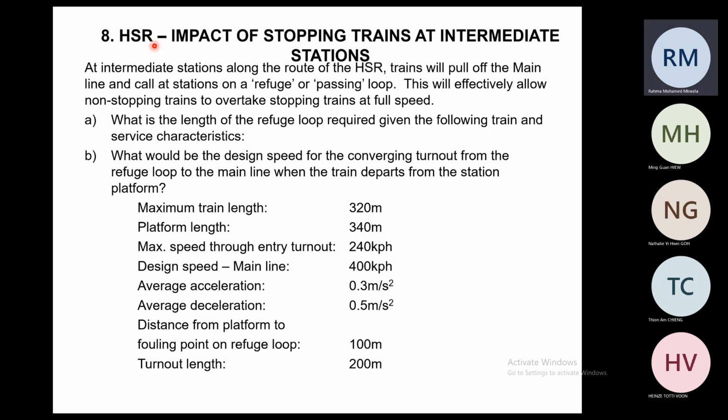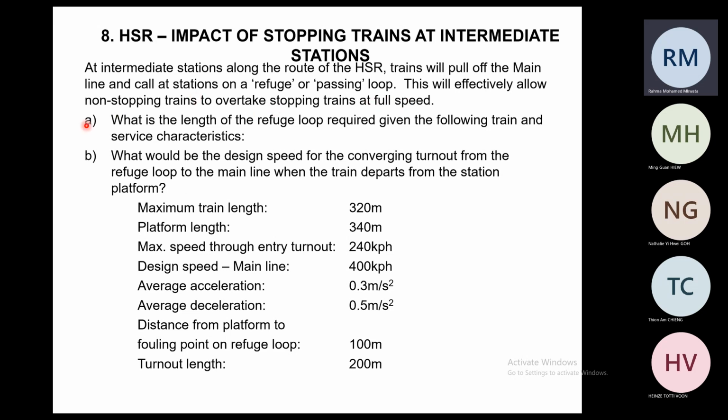So question 8 is on high-speed rail, HSR, the impact of stopping trains at intermediate stations, all right? The question goes: at intermediate stations along the route of HSR, trains will pull off the main line and call at station on a refuge or passing loop. This will effectively allow non-stopping trains to overtake stopping trains at full speed.